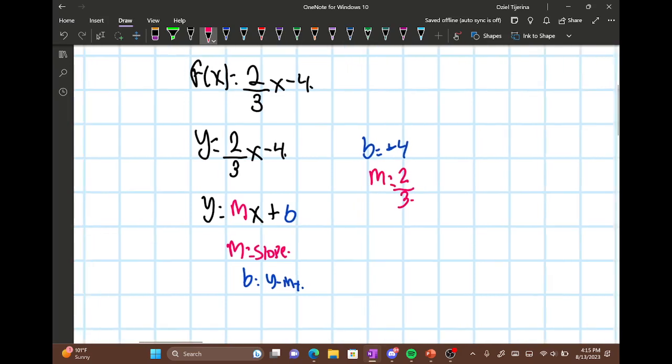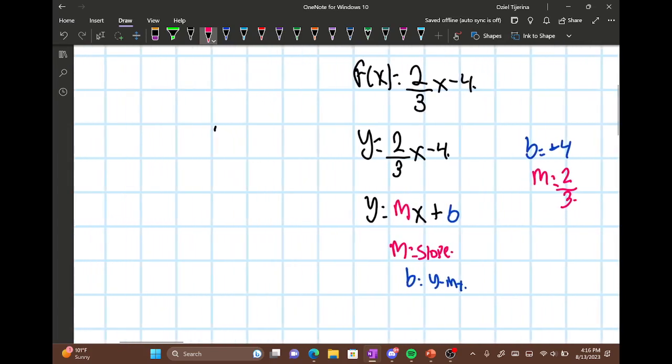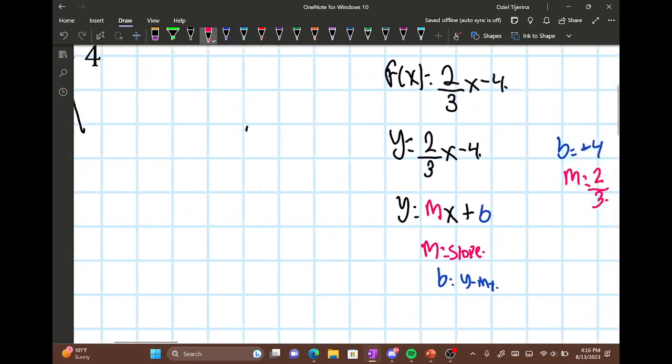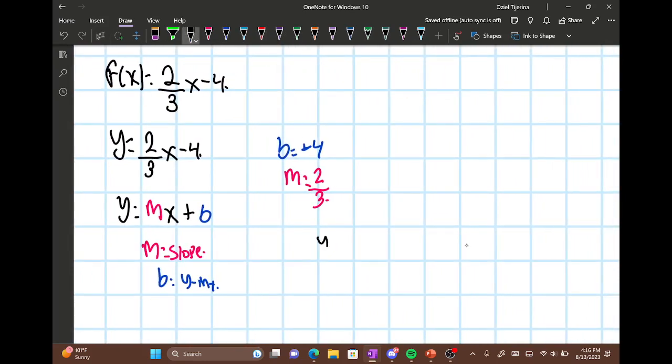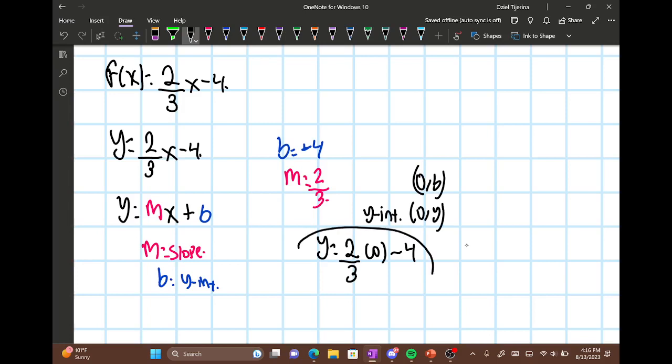Now, the first thing that we always do is to plot our y-intercept. Our y-intercept basically means that when x is equal to 0, what is y? So 2/3 times 0 minus 4. Our y-intercept is always of the form 0, comma y. In this case, it's 0, comma b. You don't really have to do this, but it's good to know for future reference.